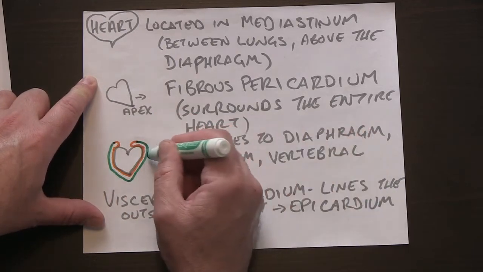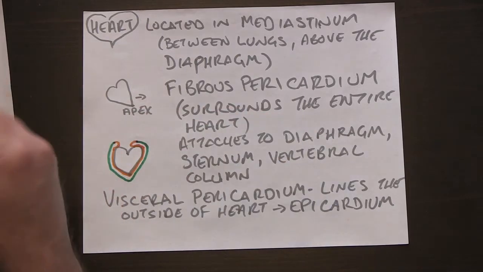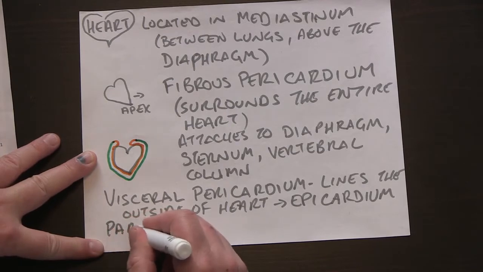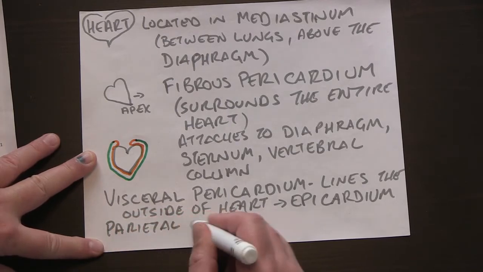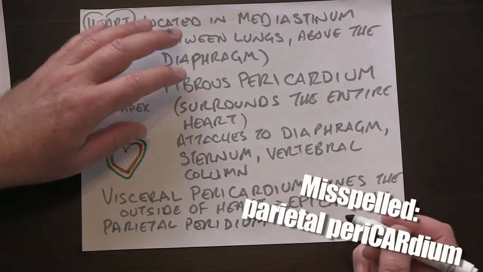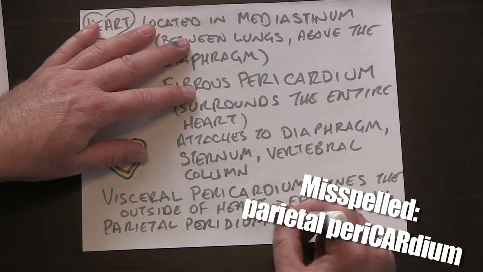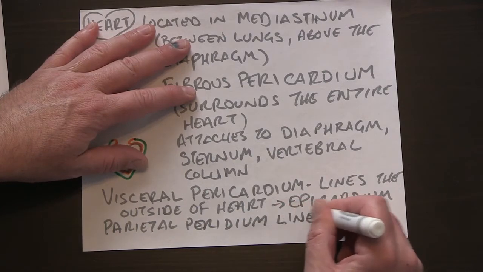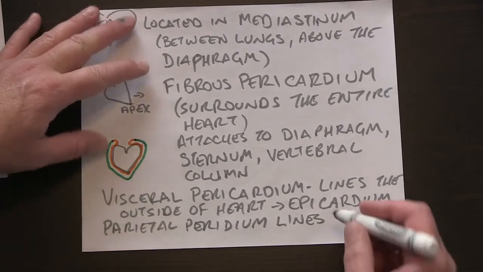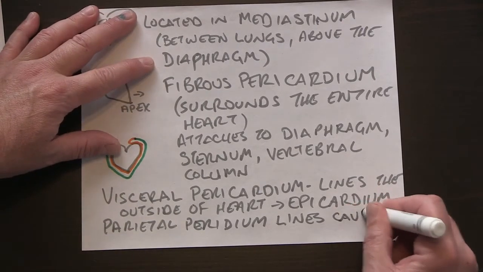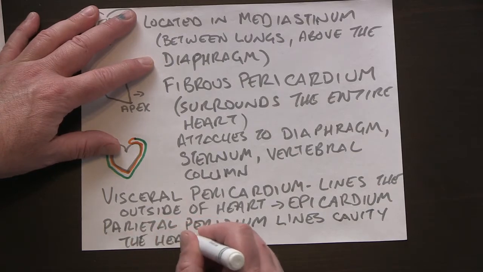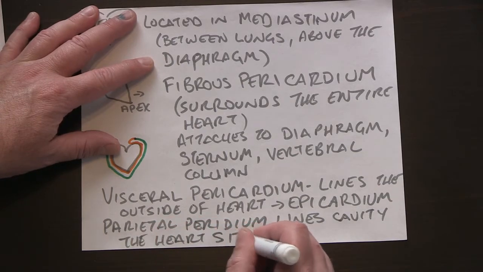Okay, so you see there's a little bit of space in between those two layers there. So the parietal pericardium lines essentially the inside layer of the fibrous pericardium, the cavity the heart is sitting in.